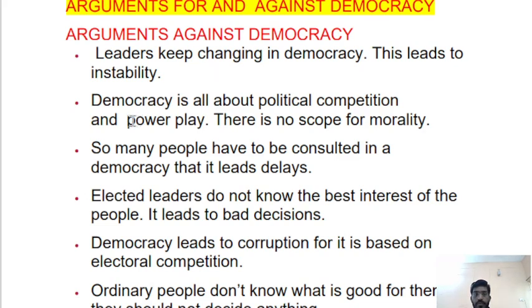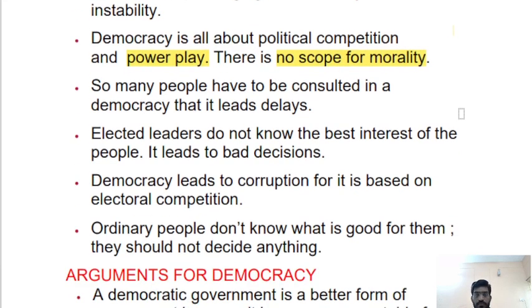Okay. The next one is power play. Political competition is there between the political parties. This political competition leads to no scope for morality. Okay, and in democracy, it is a main drawback.